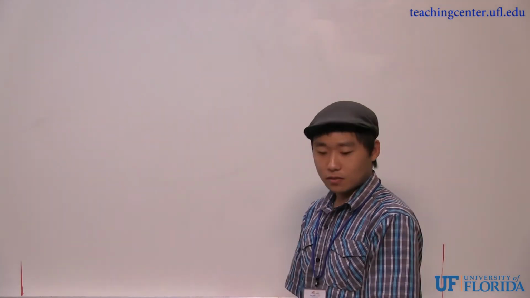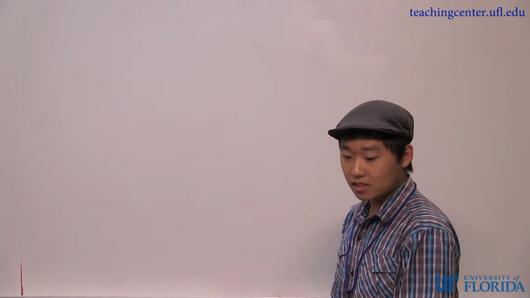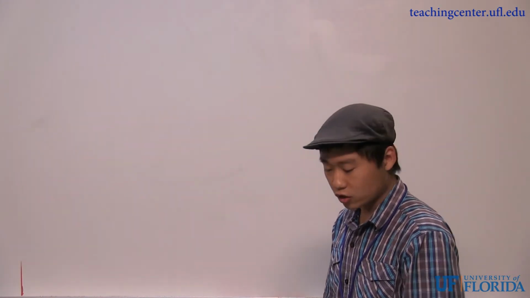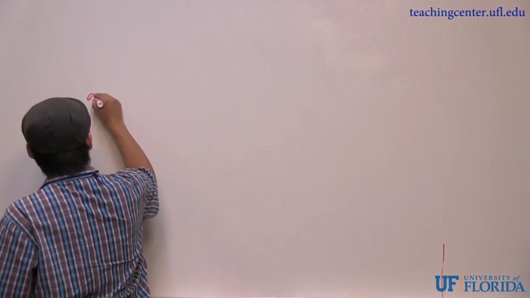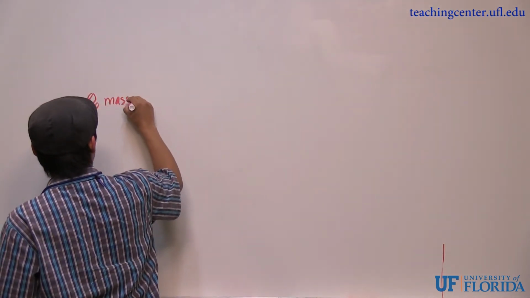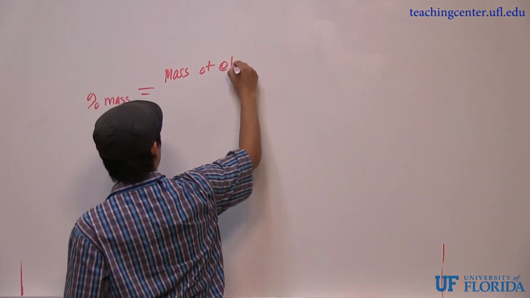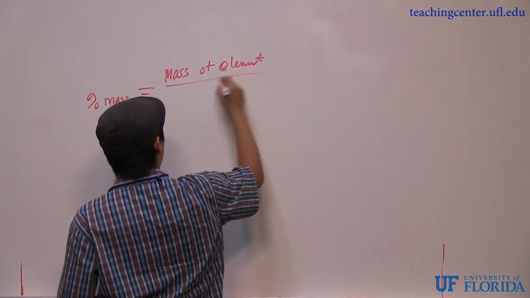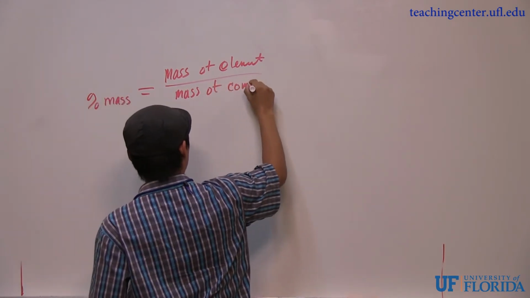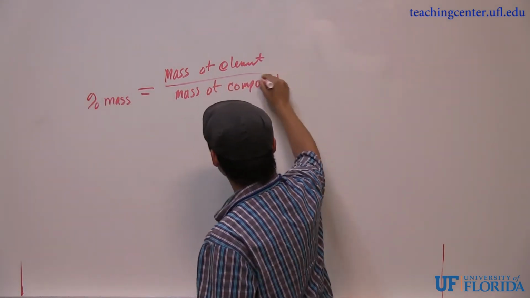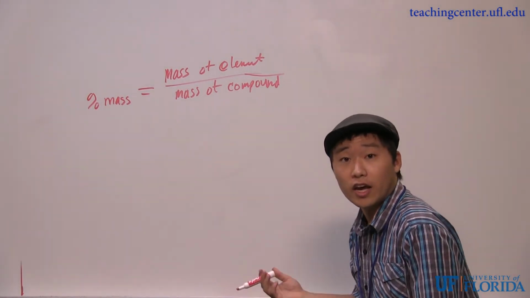Now let's do question 7. Question 7 says, calculate the percentage by mass of nitrogen in lead 2 nitrate. So what is percent by mass? Percent mass equals the mass of element per mass of compound. An example would be asking how many grams of oxygen are in H2O.